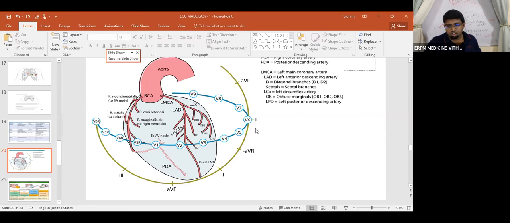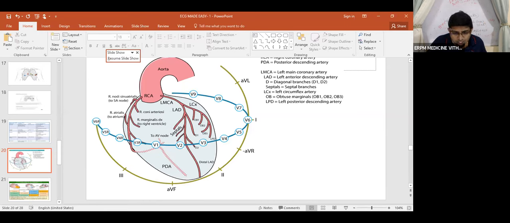V5, V6, AVL and L1. Understood? Look here, guys. They look at the lateral side of the heart.